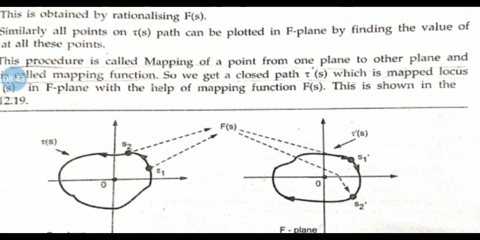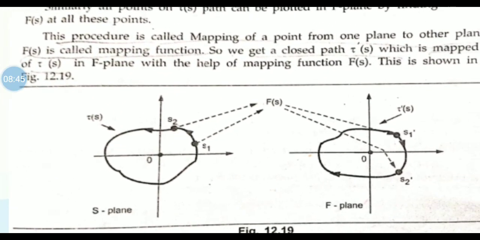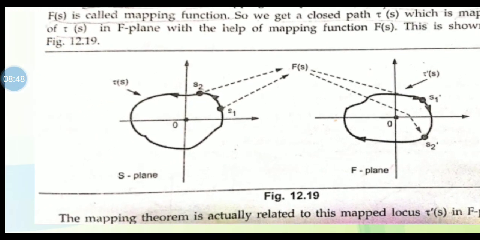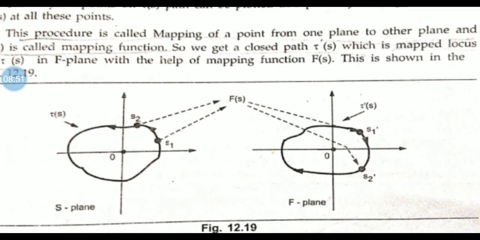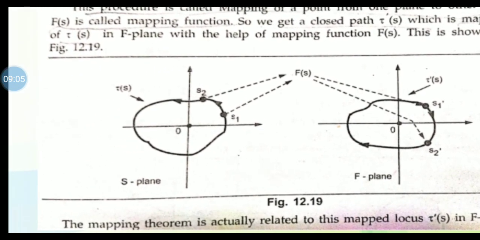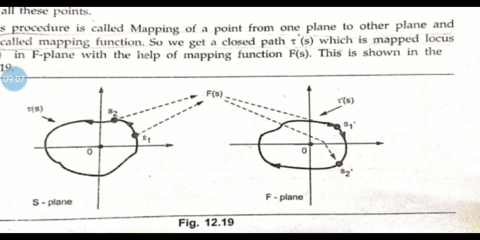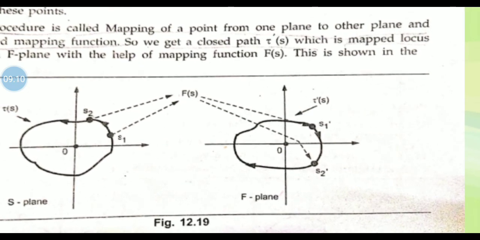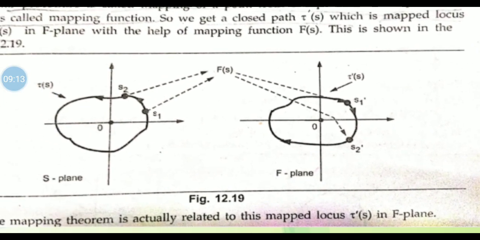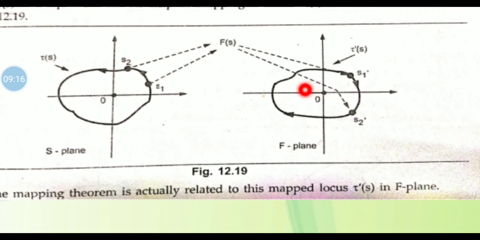So we get a closed path Γs dash, which is the mapped locus of Γs in the s plane, in the F plane with the help of the mapping function f(s). So this has been mapped into this plane. Is it clear? Γs, Γs dash, s1, s1 dash, s2, s2 dash, and the function.